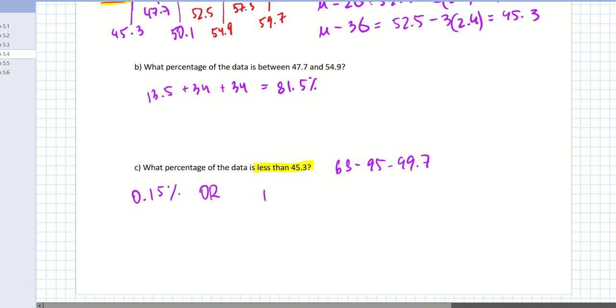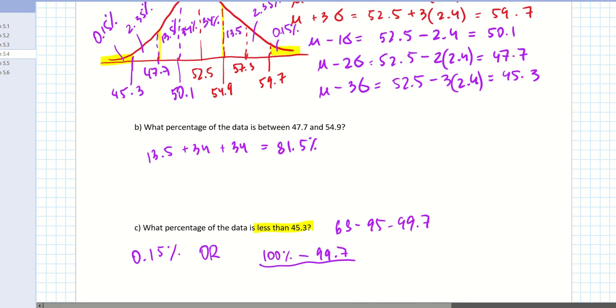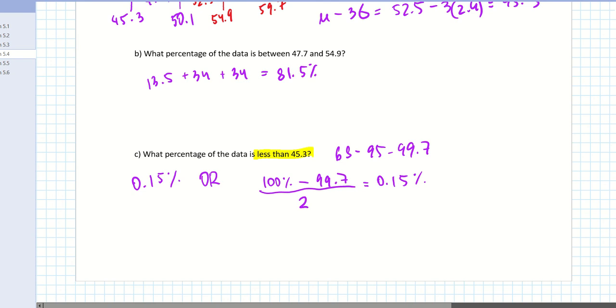So you can say, okay, 100% minus 99.7 is going to correspond to the left and the right parts, which are past the 3 standard deviations. And then if you divide it by 2, you're going to get the same answer of 0.15%. So again, you could have done it either just by looking at the previous page or actually calculating it this way, using the rule. So that's about it for the standard deviation with the bell curve.